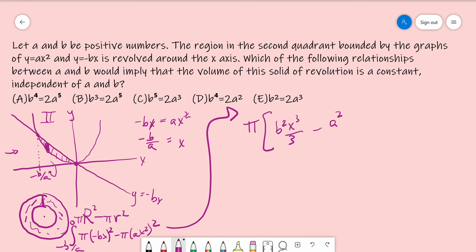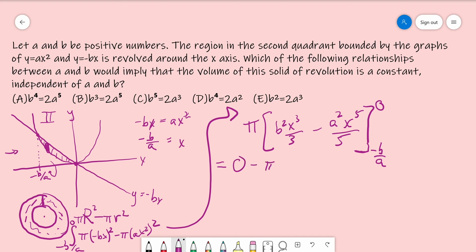Now x squared squared, that's x to the 4th, so the integral is going to be x to the 5th over 5. And we're integrating this from negative b over a to 0. Okay, so let's plug in 0. 0 is just going to give us 0.